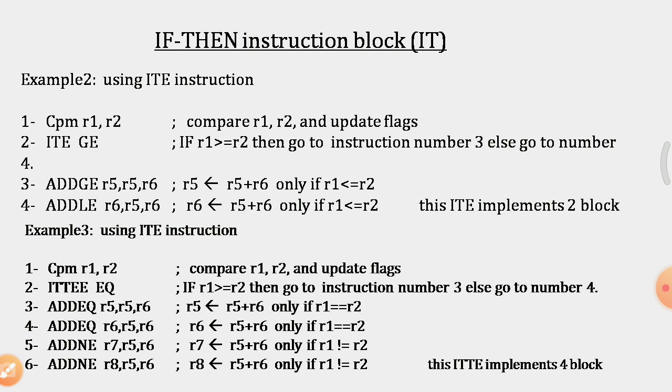The line number 3 and line number 4 are skipped, and then line number 5 and line number 6 are going to be executed depending upon their instruction condition. So this is a 4-block implementation, ITTEE. So this is about IT block or IT instruction.